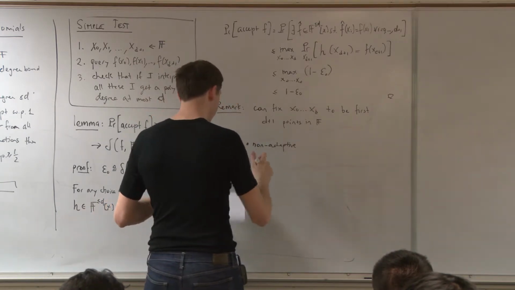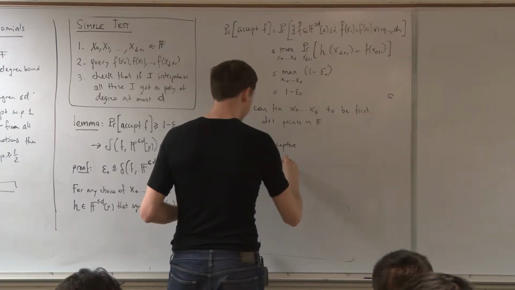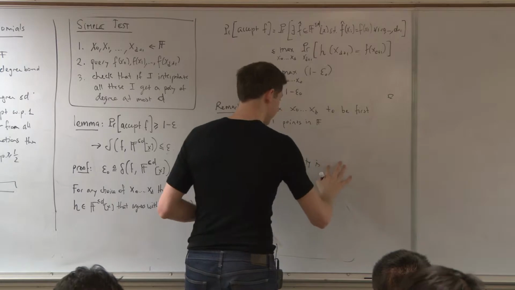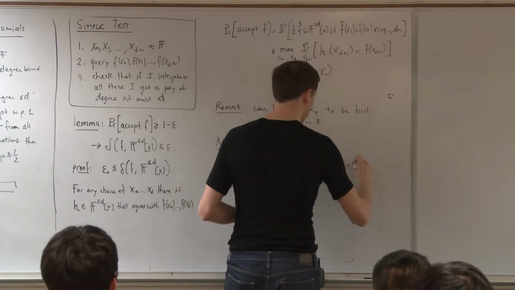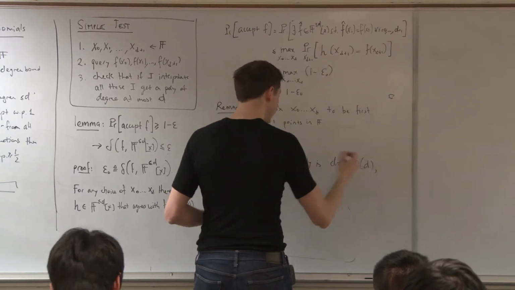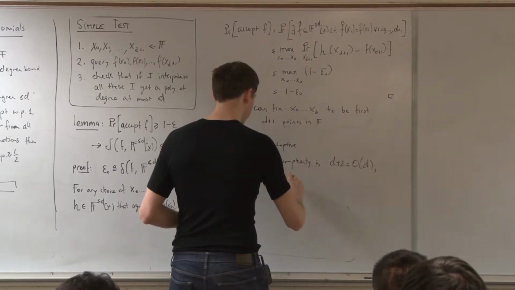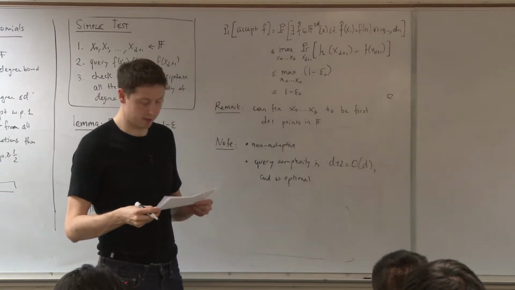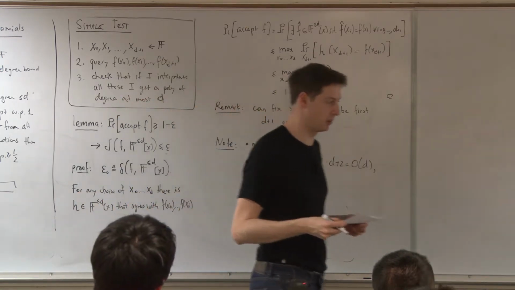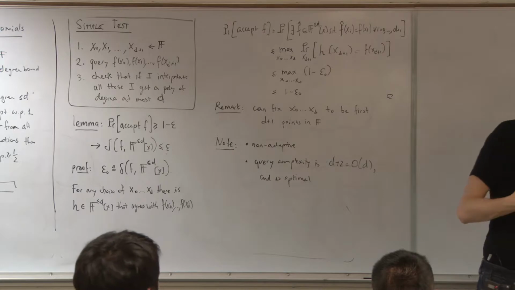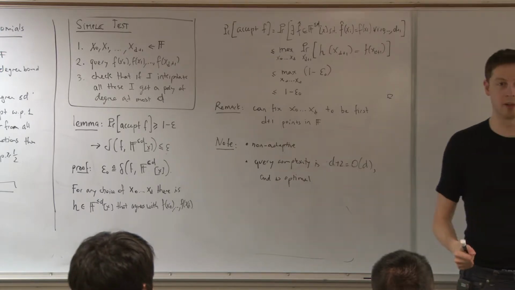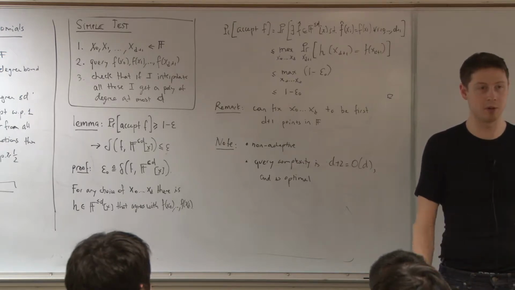And the query complexity is d plus 2, which is order of d, and is optimal. By the way, how would you formalize the fact that it is optimal? Intuitively, you don't get any signal if you ask d plus 1 queries, but formally, how would you actually prove that doesn't work?